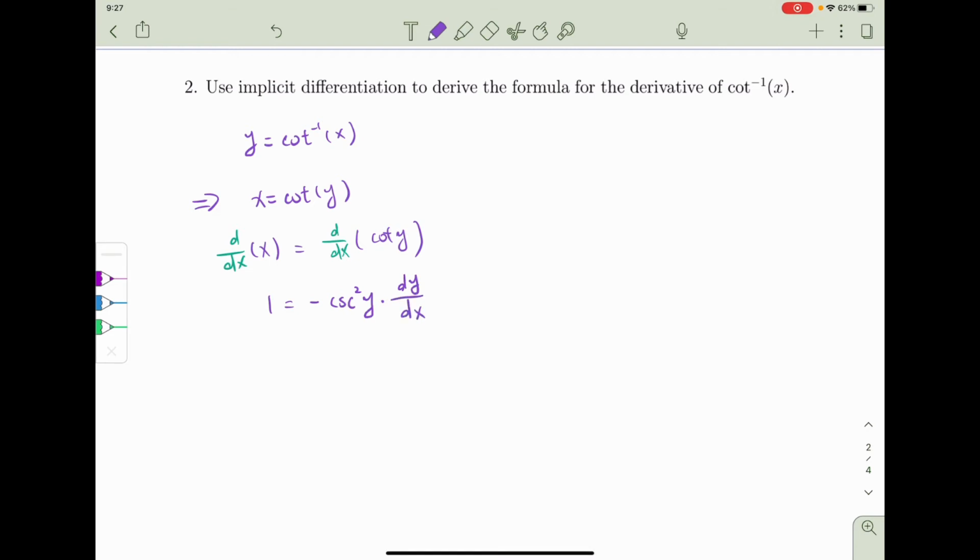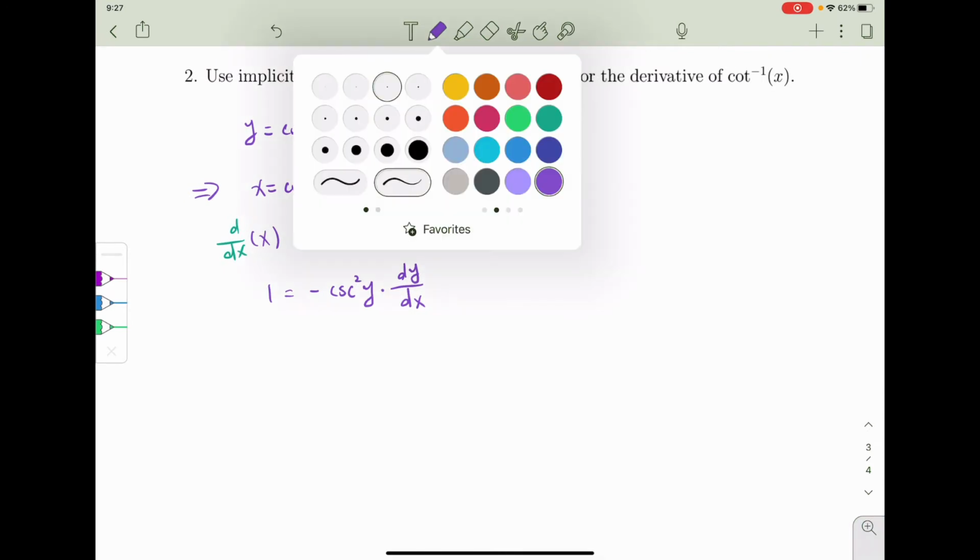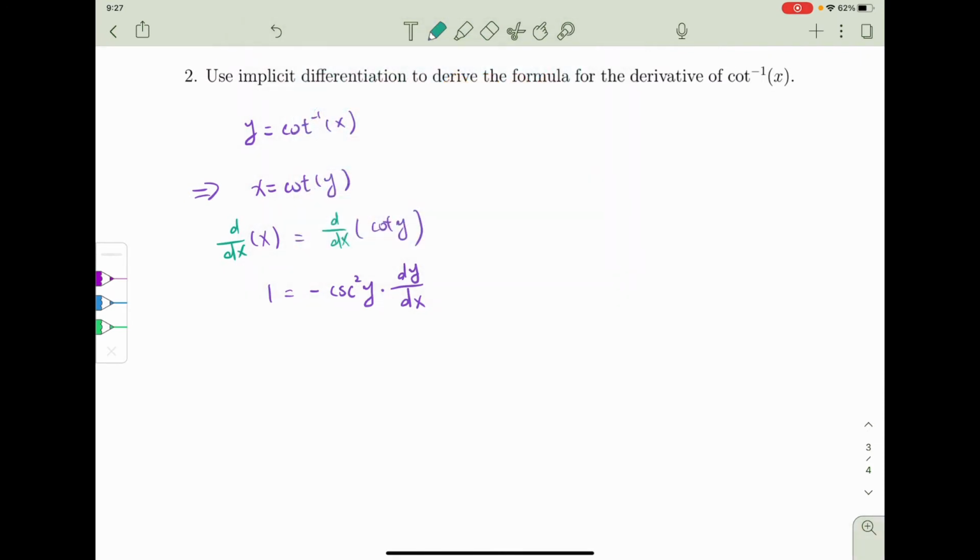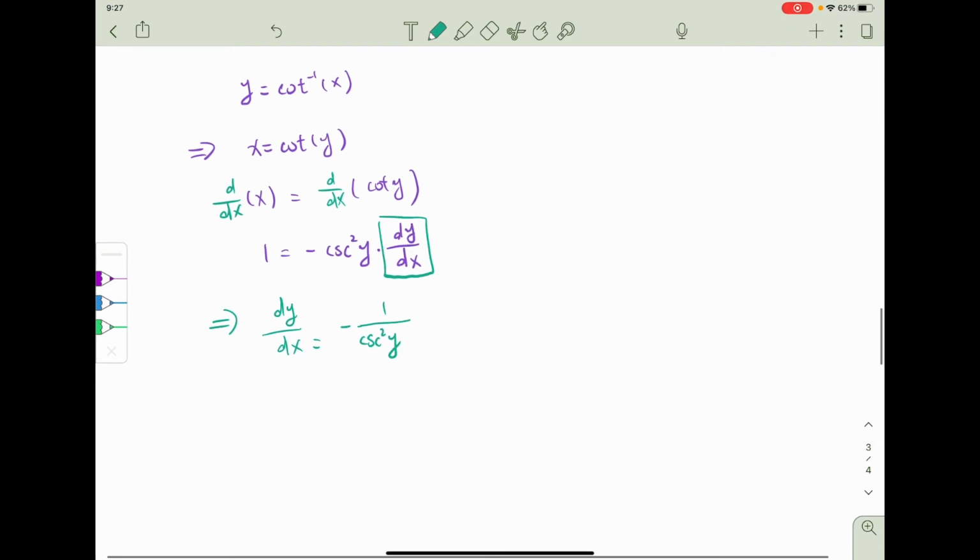Now, after applying the chain rule, we want to solve for dy over dx. So dy over dx is equal to negative of 1 over CSC square y. That is the derivative.